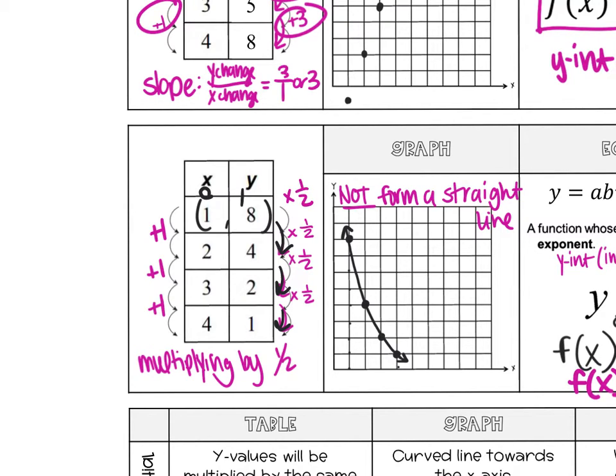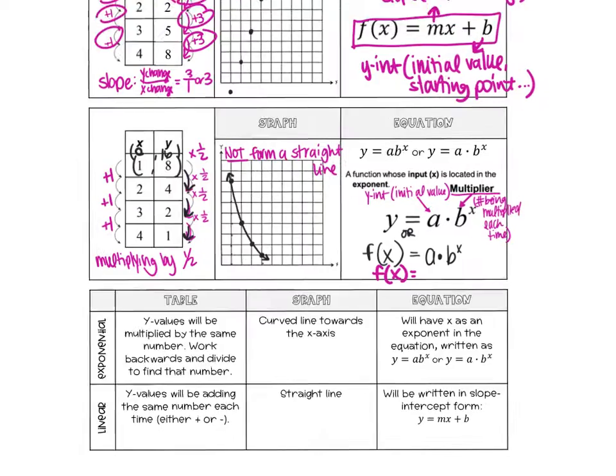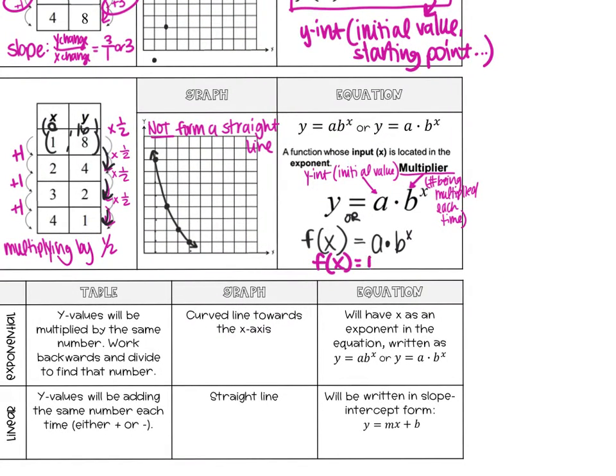So hopefully you've thought of 16. 16 times half would give us 8, so that's good. All right, so that means that is my starting point, or my A. My multiplier was 1/2, and I put x in the exponent spot, or I could also put 0.5x, if you recall. Either of those would work.